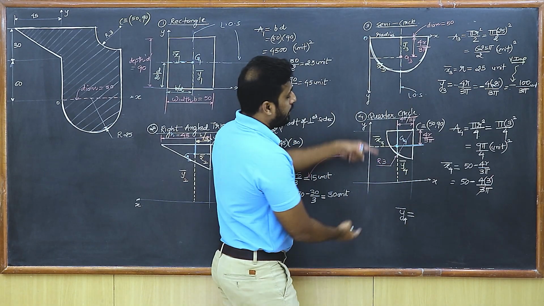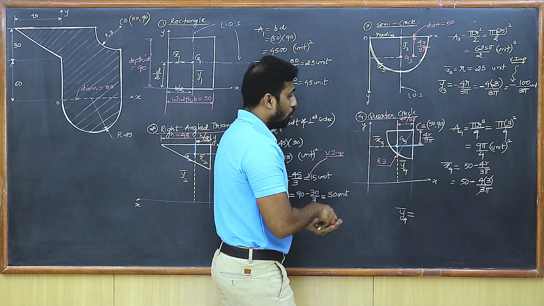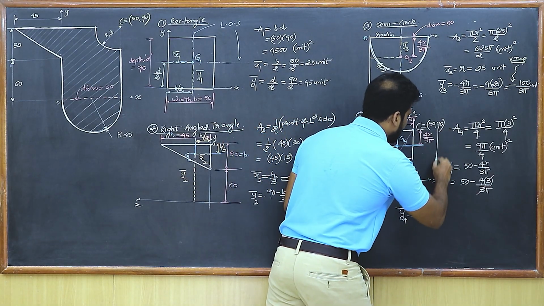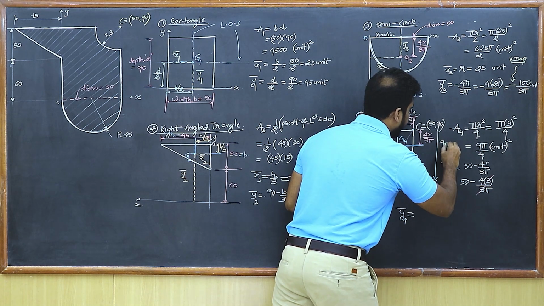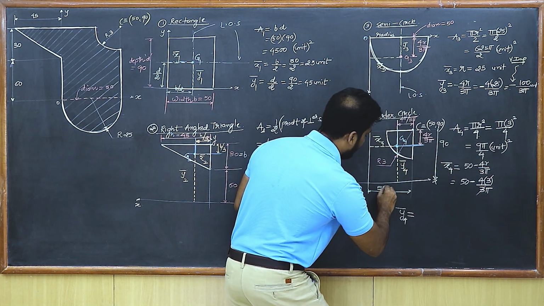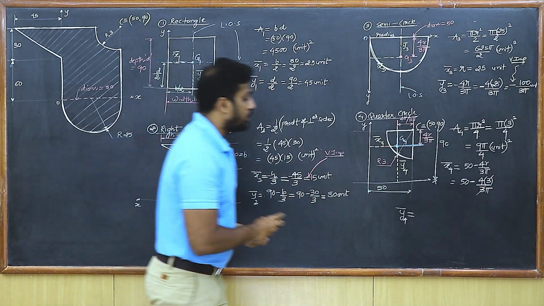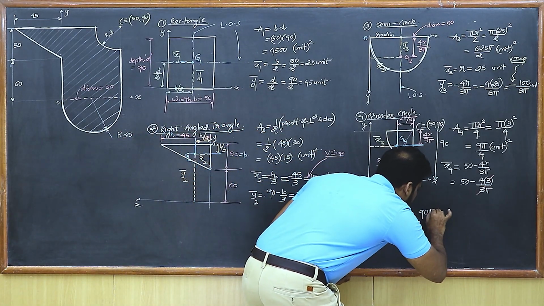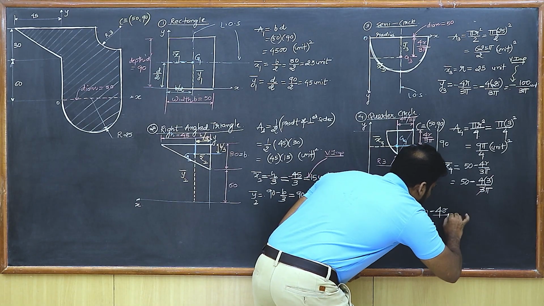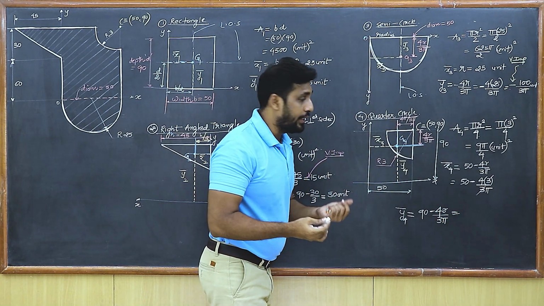And students, what about y4 bar? It is going to be what? The total distance is 90, isn't it? I know the total distance here. This distance is 90, and I knew that this total distance was 50. So I'm going to get y4 bar here. It is going to be 90 minus 4r upon 3 pi. I know again the radius is 3, isn't it?